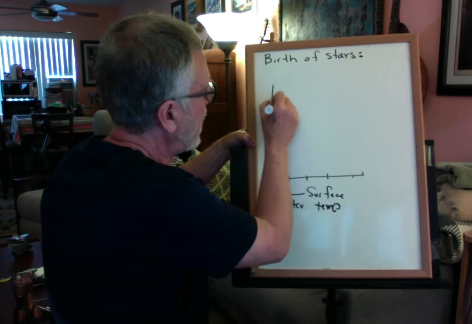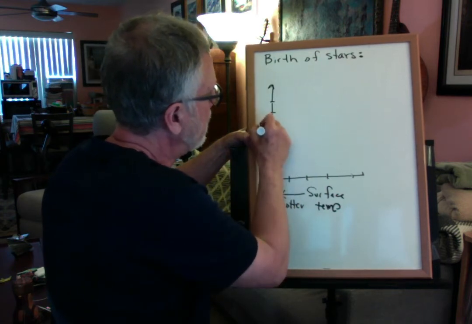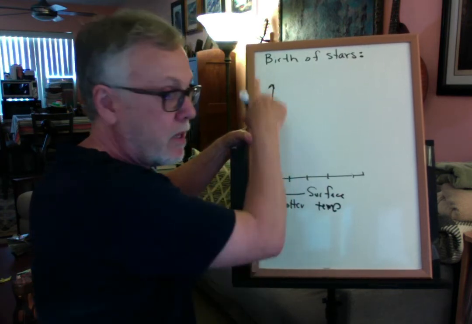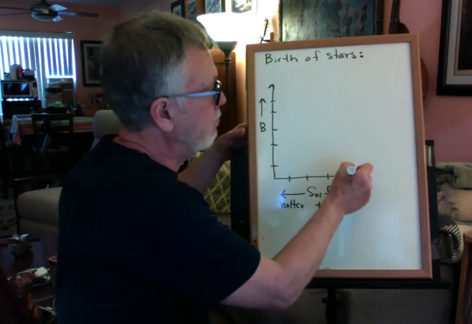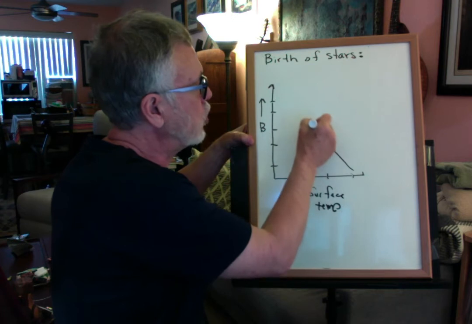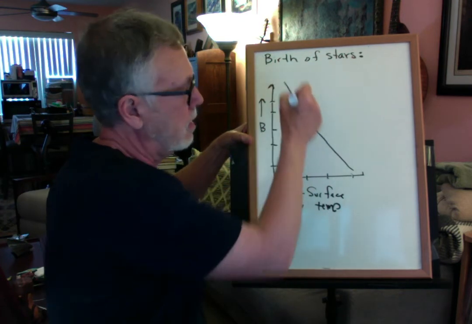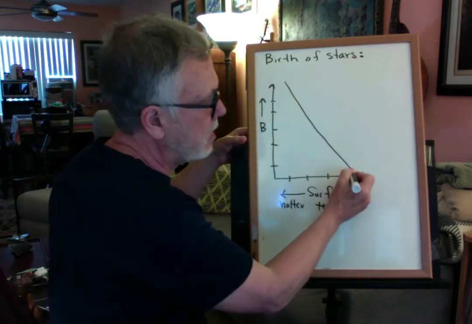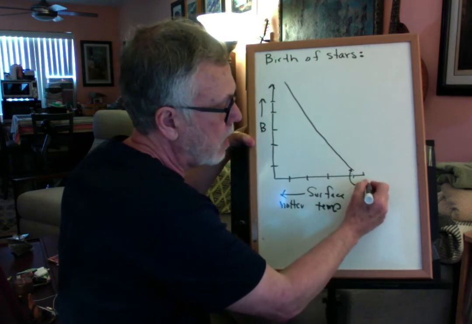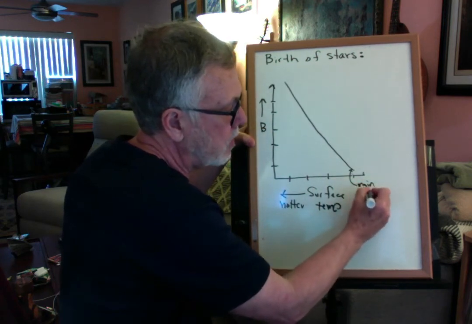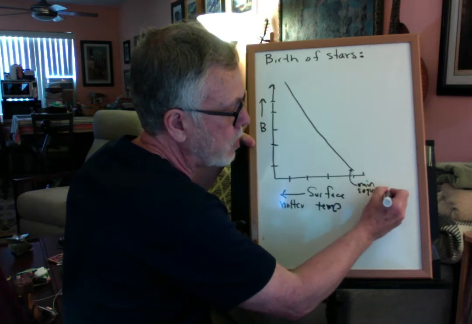And then on this axis is the brightness, and it gets brighter going up. We said that most stars, average normal stars, are on something called the main sequence, which are stars that are producing energy by some form of a proton-proton chain.